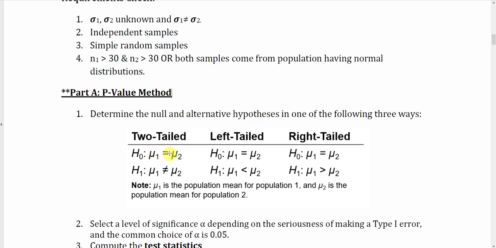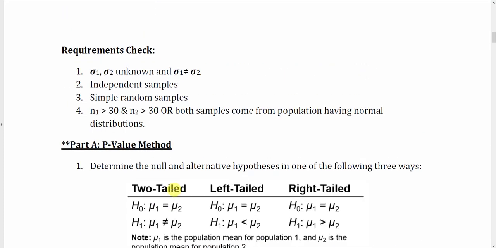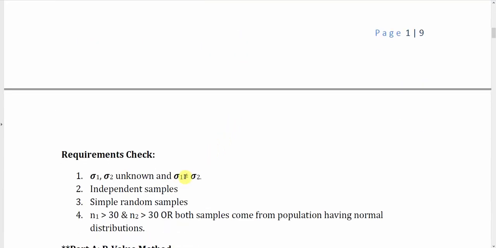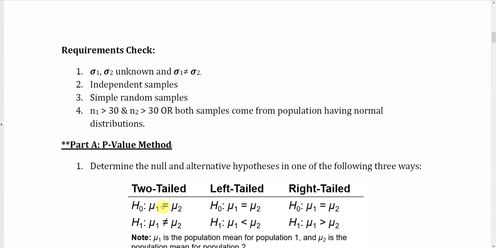That means we first assume that mu1 and mu2, sorry, these are the population means. The sample mean is the x1 with the bar. So for the null hypothesis, we assume that the two populations have the same mean. The null hypothesis always involves the equal sign. We assume that their means are equal.